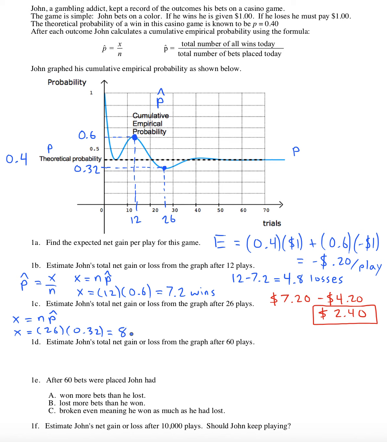He's got approximately 8.32 wins. And we could say 26 minus 8.32. See how many losses. 17.68 losses.